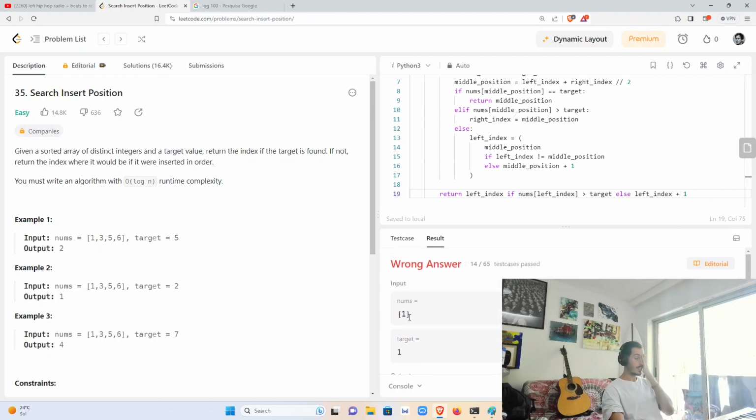okay, so an edge case of a number that's on its own. Let's see. Output 1, expected 0.